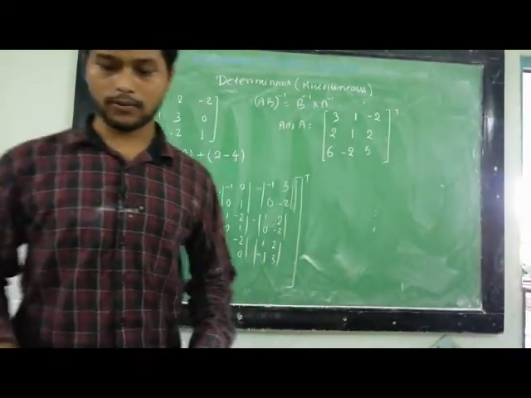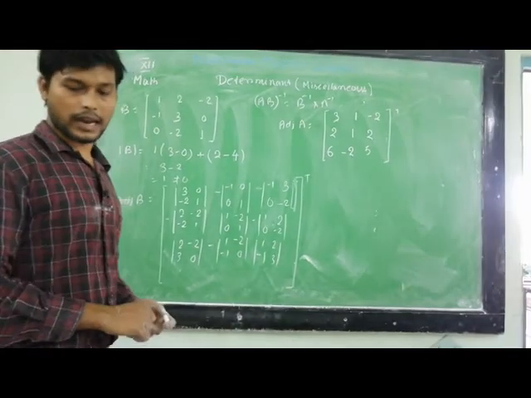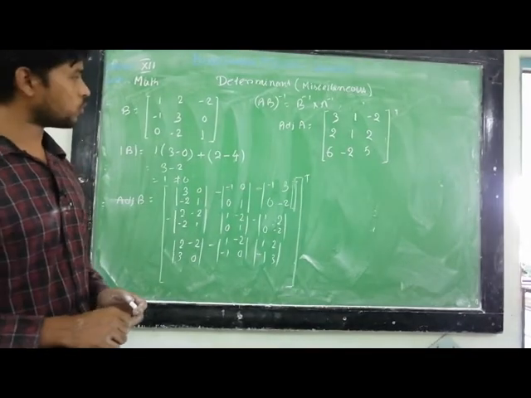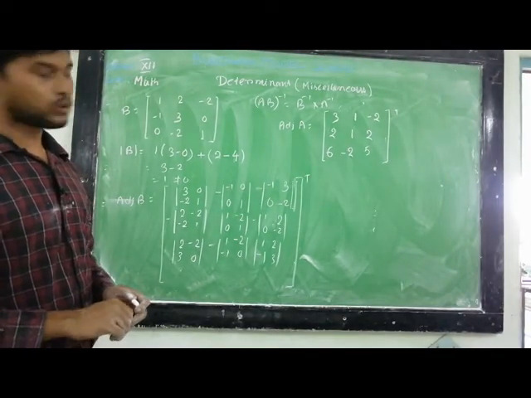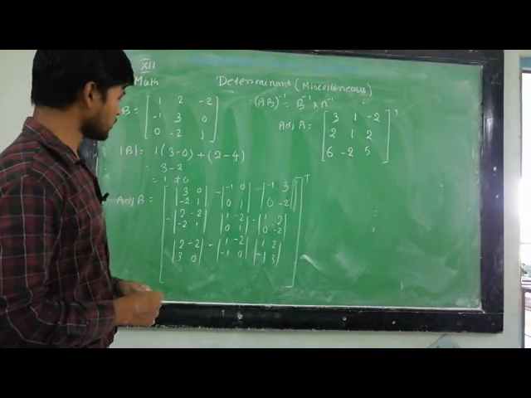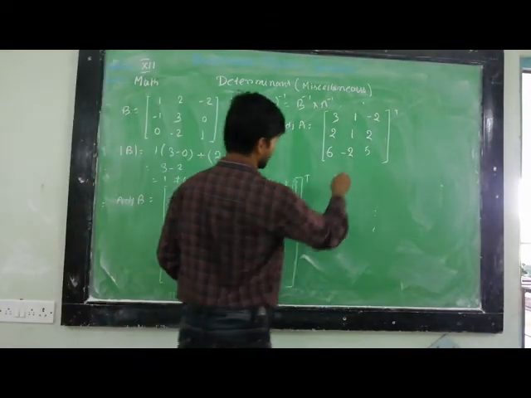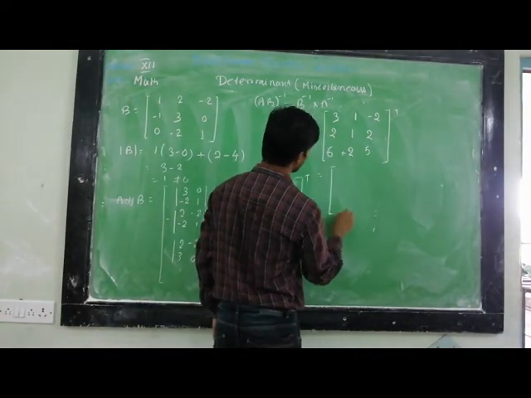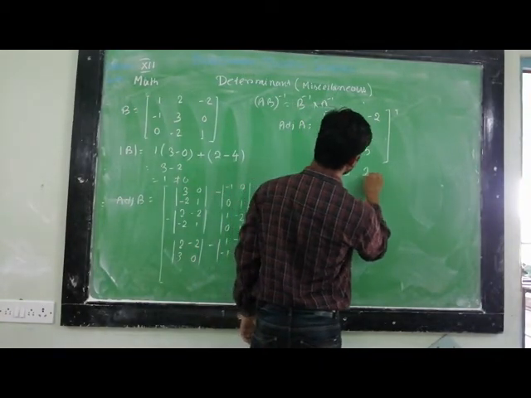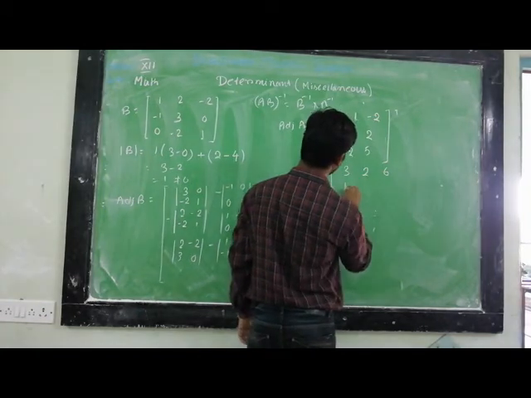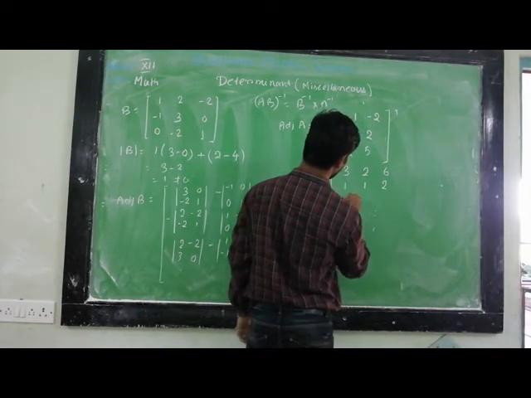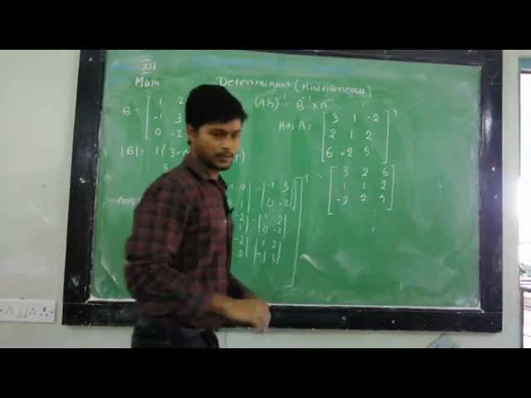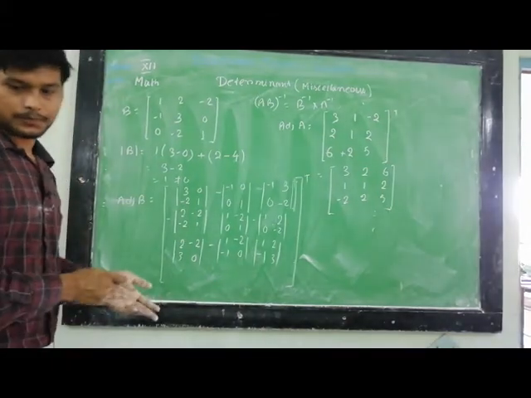So the adjoint of B is 3 2 6, 1 1 2, minus 2 2 5, after the transpose. This is the adjoint of B.